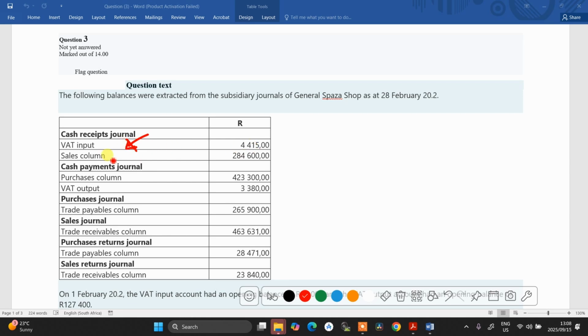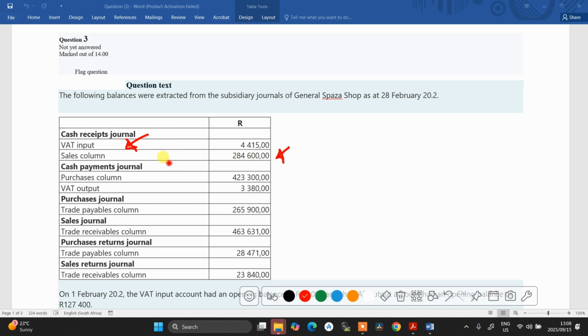And in terms of the sales columns, we know that in our cash receipts journal, the sales column is a VAT exclusive amount. Okay, so if we want to determine the VAT output from these sales here, we need to calculate that based on a VAT exclusive amount. This is not a VAT inclusive amount. This information is very important.